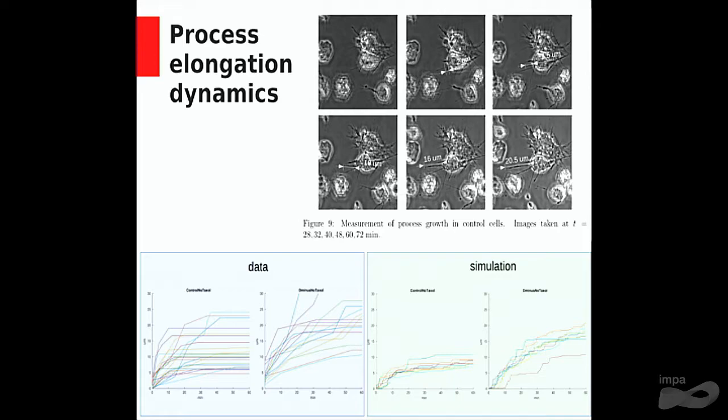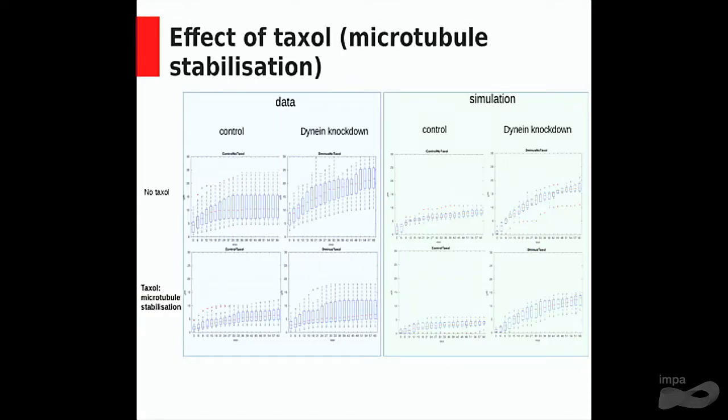So apparently there's a threshold length where dynein is active. And in dynein-minus cells, that growth is sustained. Apparently the processes can grow longer, and the same thing happens also in the simulations. And this upper row here shows the same data, but now visualized with box plots.